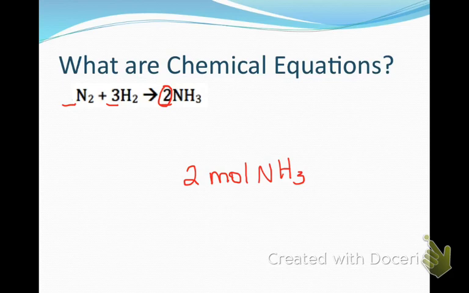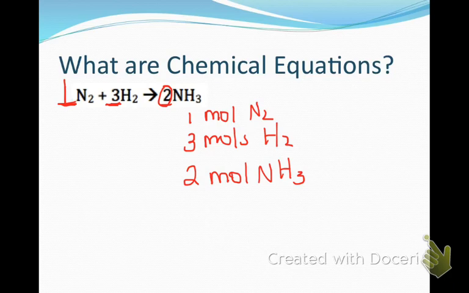So there's 6.022 times 10 to the 23rd particles of NH3 in this reaction. We also have 3 moles of H2 over here. And in front of that N2, that's actually just going to be a 1. It's an imaginary 1. We don't really put it in there, but we know it's there. It would not be 0 because then we wouldn't have any N2 at all. So it's 1 mole of N2.